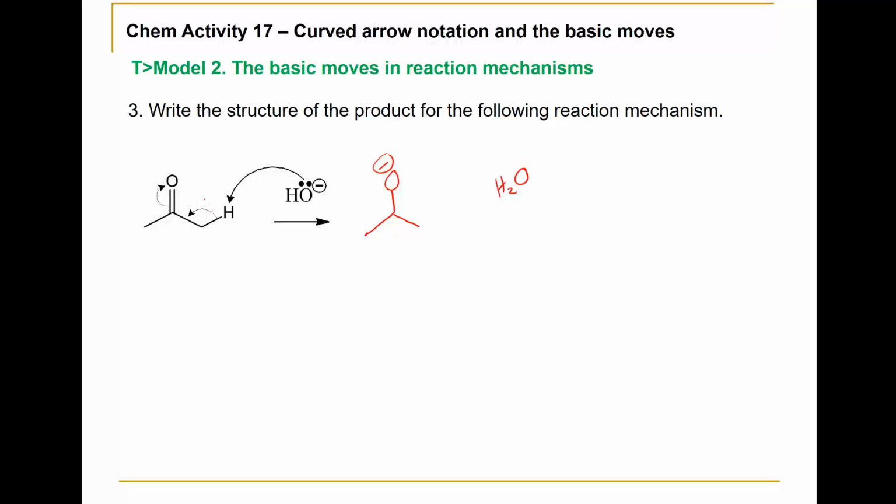And this arrow right here is saying that the pair of electrons that are used to make a bond between the carbon and the hydrogen will now be involved in making a pi bond between this carbon and this carbon. And so I'll draw in the corresponding pi bond. Note the conservation of charge in that my original reactants have a negative charge and my products also have a negative charge.